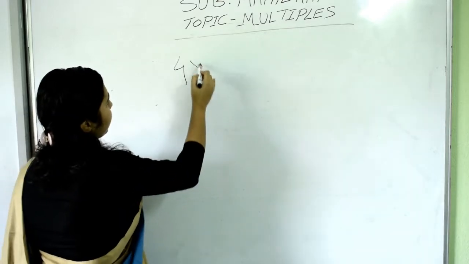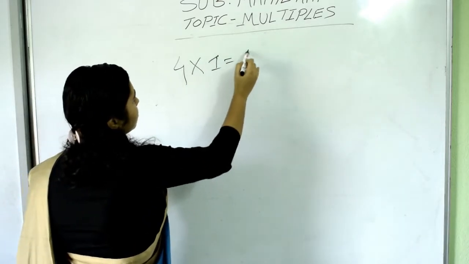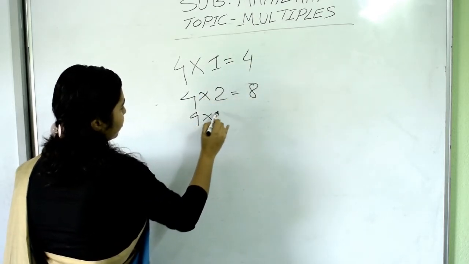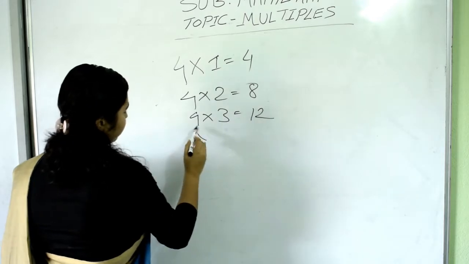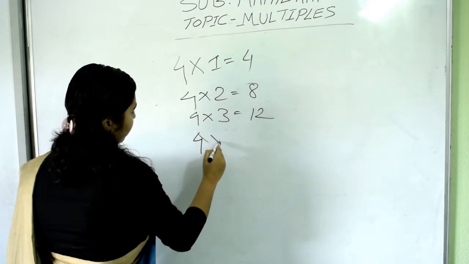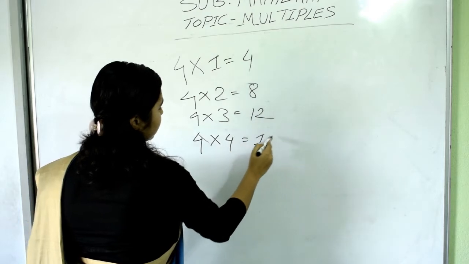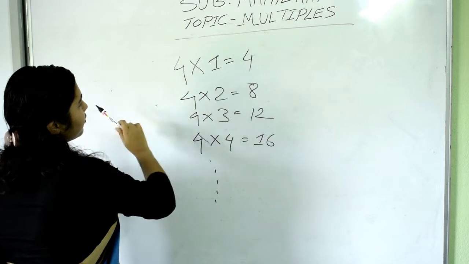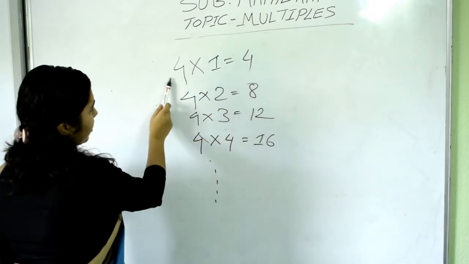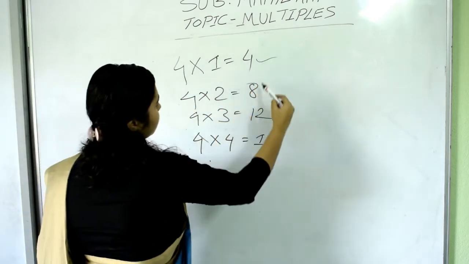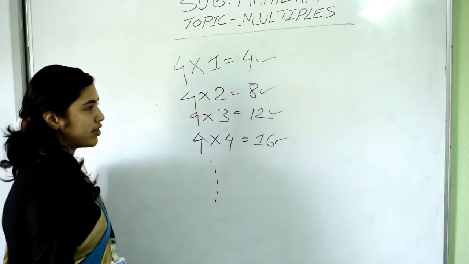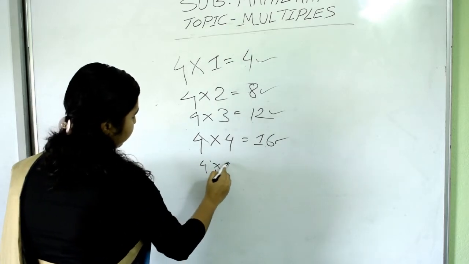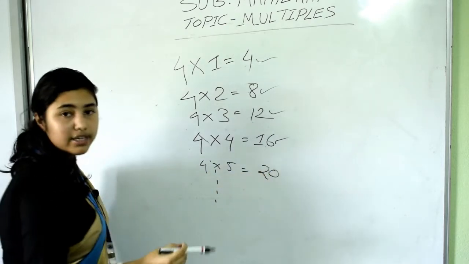So write all the multiples of 4. 4 ones are 4, 4 twos are 8, 4 threes are 12, 4 fours are 16, and so on. 4 into 5, which is 20, is also an even number.